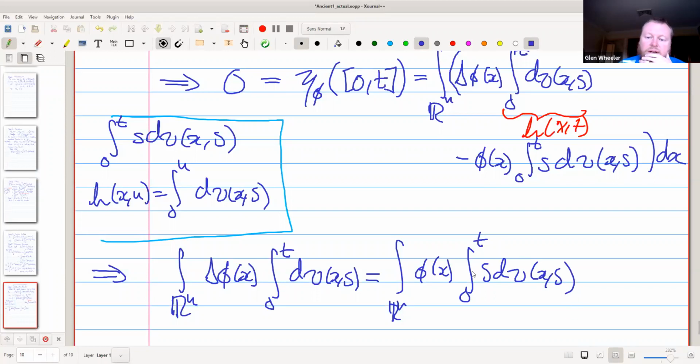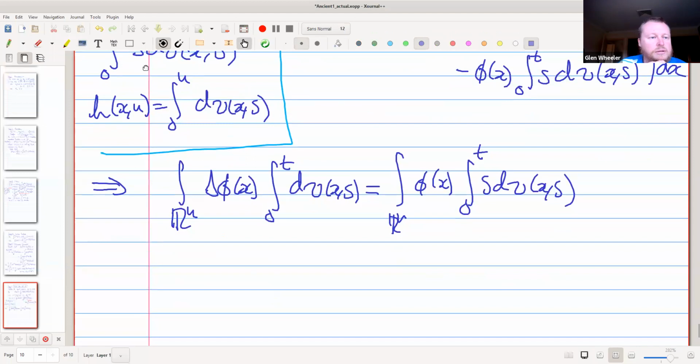And okay, and now we do this integration by parts that I was talking about. And something cool is going to happen.